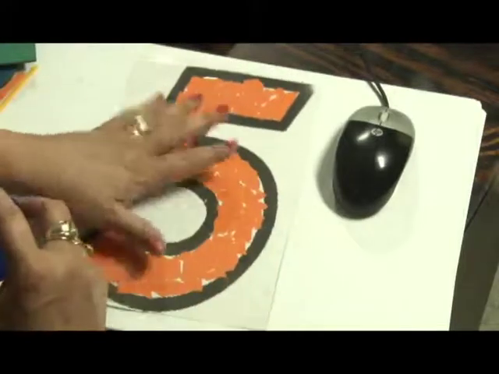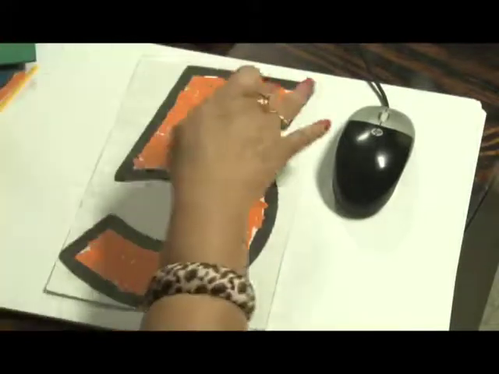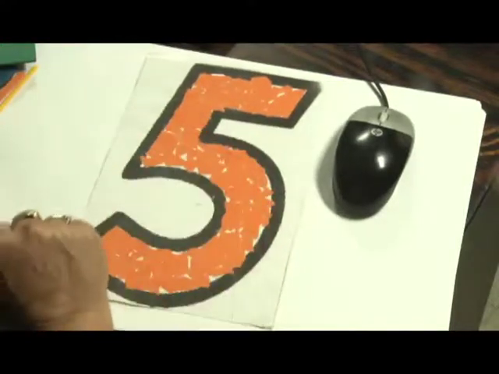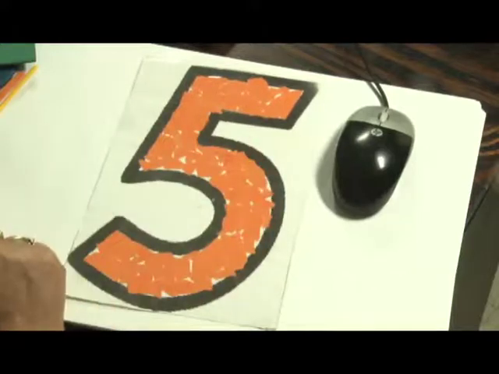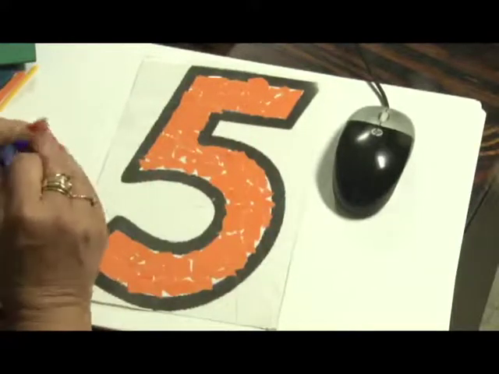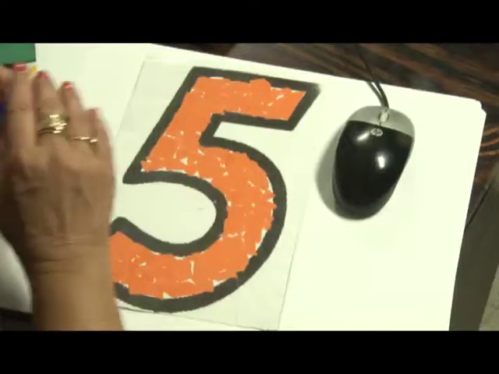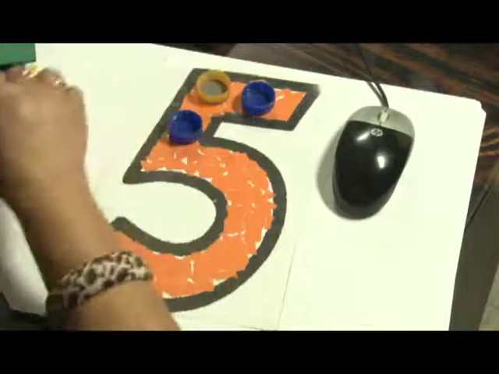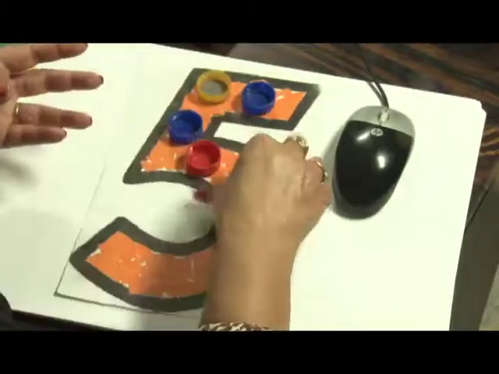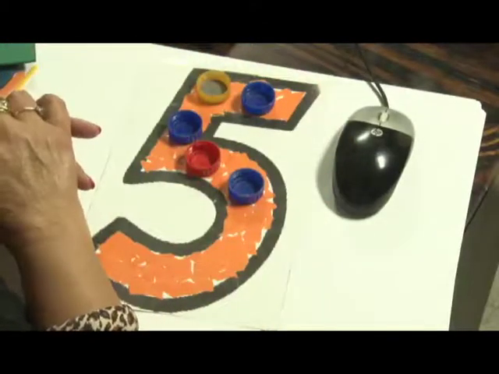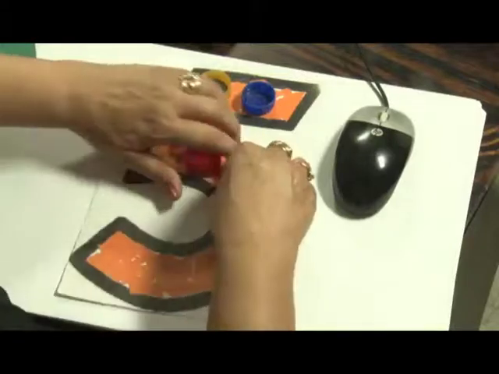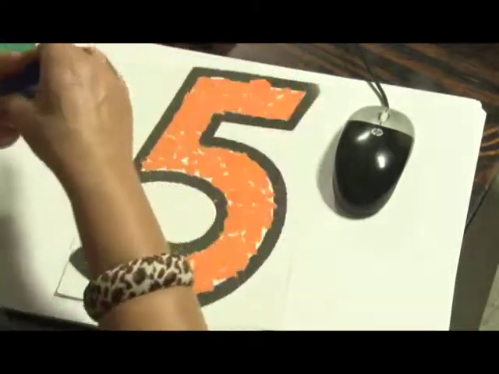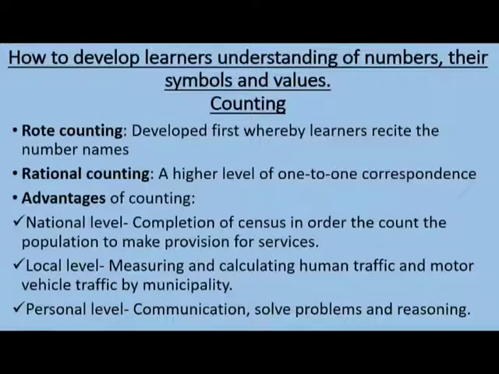I give him a number. I tell him, read the number, you're supposed to know the symbol, or can you tell me the symbol? And the learner will say the symbol represents 5, and so 5 items is equal to the symbol 5. This is the higher level, and this is rational counting.